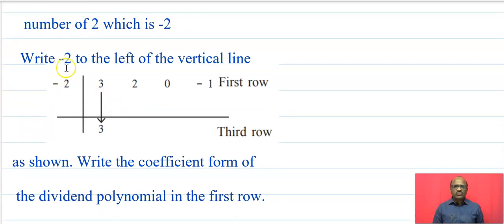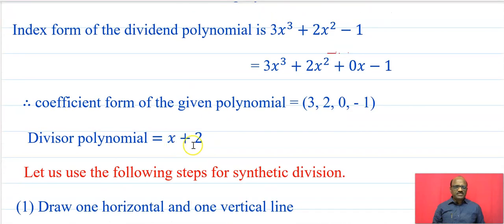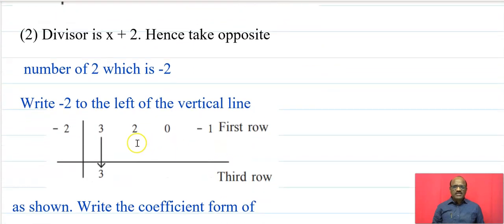Write minus 2 to the left of the vertical line. The next numbers are the coefficients: 3, 2, 0, minus 1. This is your first row.